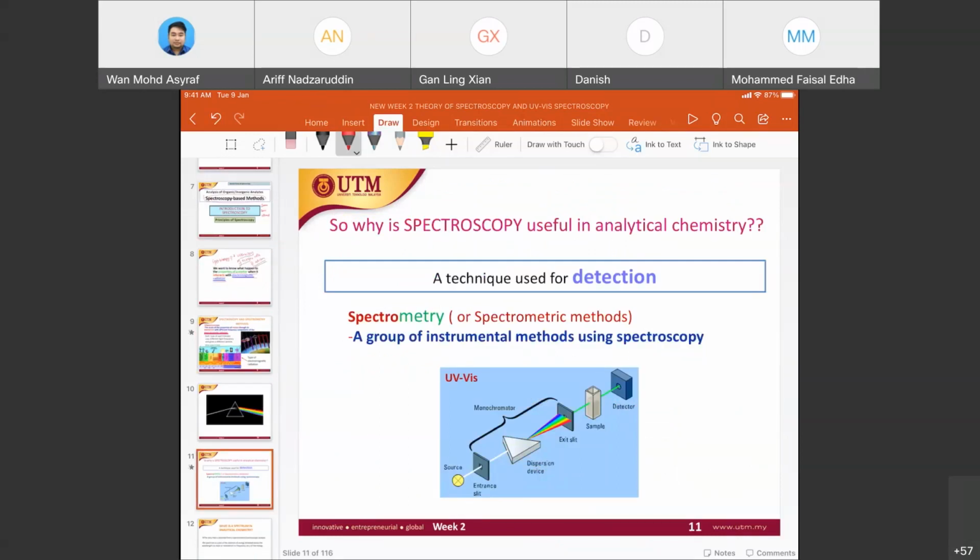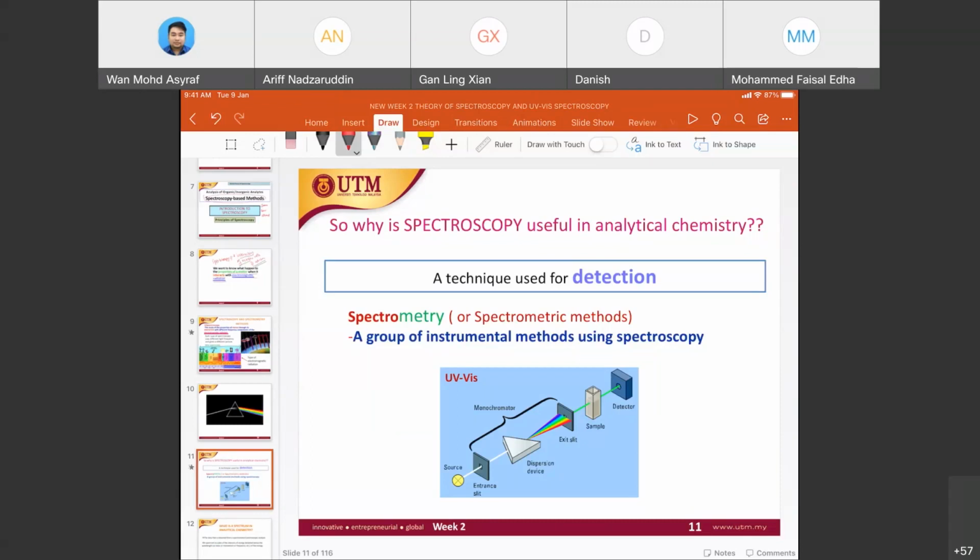Kenapa kita sibuk lah nak belajar in terms of spectroscopy? Kenapa we want to know on the interaction of matter dengan electromagnetic radiation ni? Because spectroscopy is a technique used for detection. Kita nak detect. Tadi kan macam kita punya logic, daripada awal kita dah sample, kita dah preserve, kita dah store.